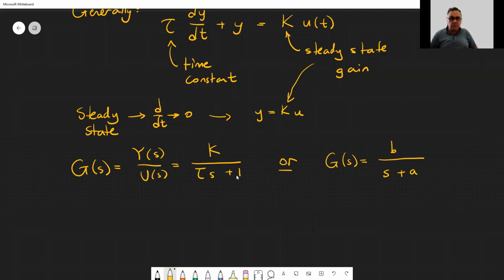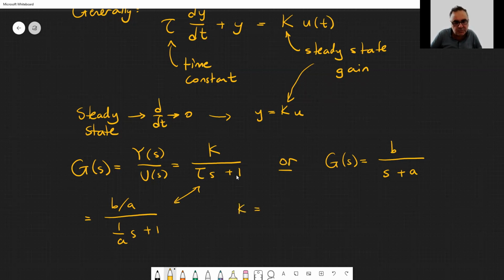Now these two systems are equivalent to each other because you can equate them and say that this b over s plus a can be written as b over a, divided by 1 over a times s plus 1. And if you compare these two, you see that k is equal to b over a, and tau is equal to 1 over a.